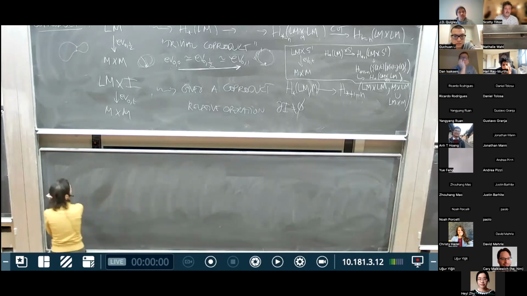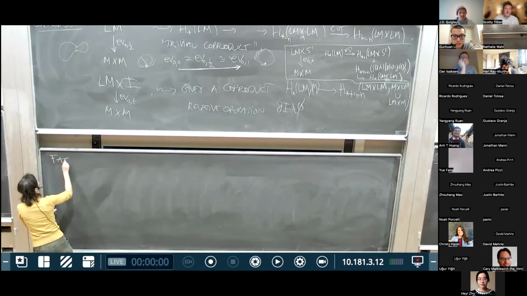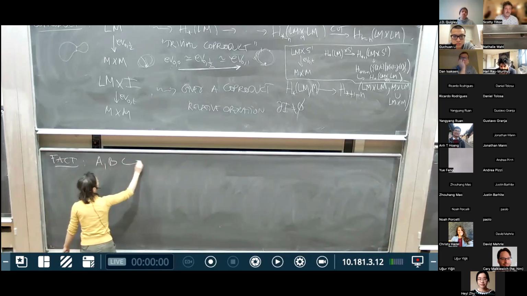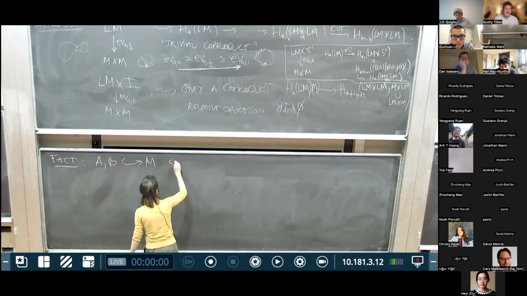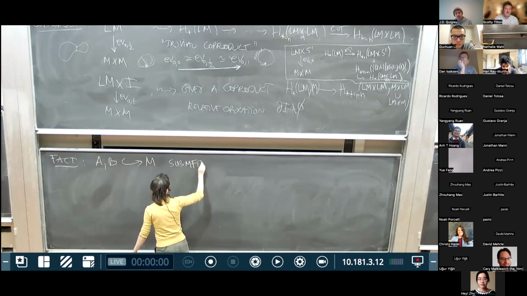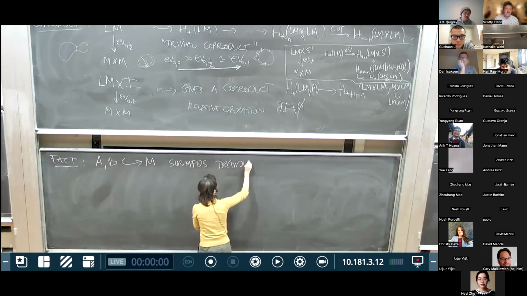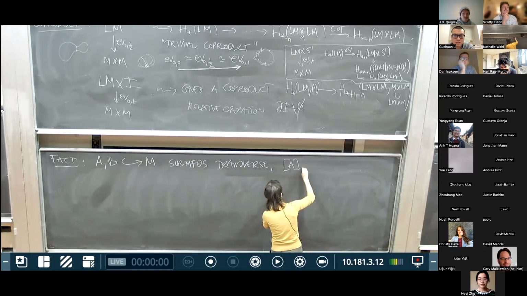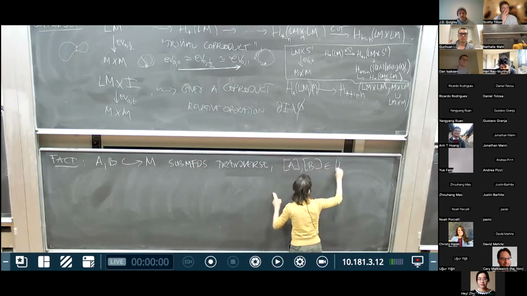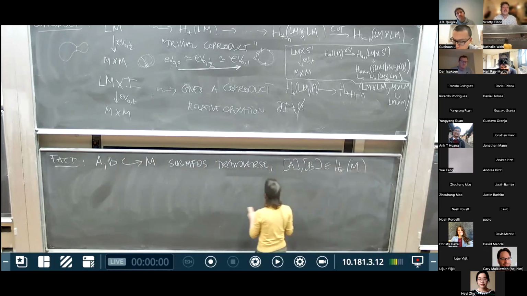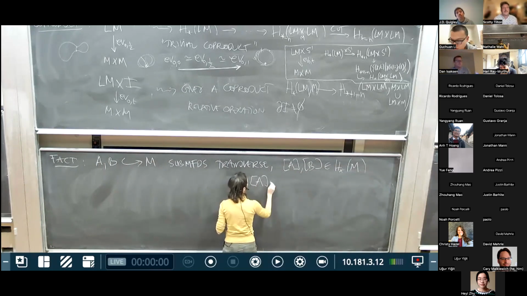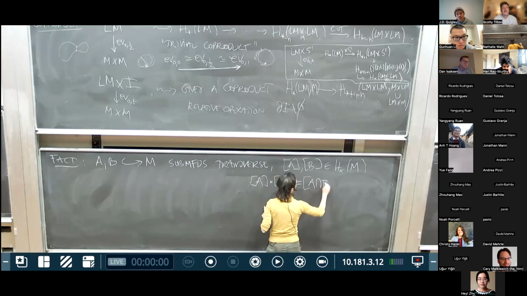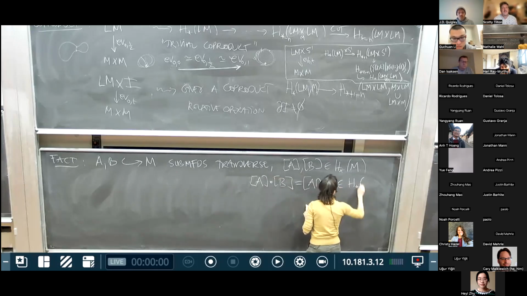So in practice, if you have some classes like D inside M, some manifolds that are transverse, then you can consider the associated homology classes in the homology of M, and their intersection product A intersection product B is modeled by simply intersecting these two manifolds.